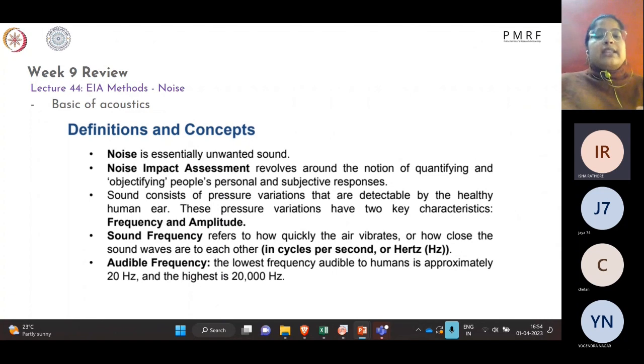Frequency is how quickly the air vibrates and how close the sound waves are to each other. This is measured in cycles per second or hertz, Hz. The lowest audible frequency to humans is approximately 20 hertz, and the highest frequency is 20,000 hertz. Amplitude is the magnitude of the sound.